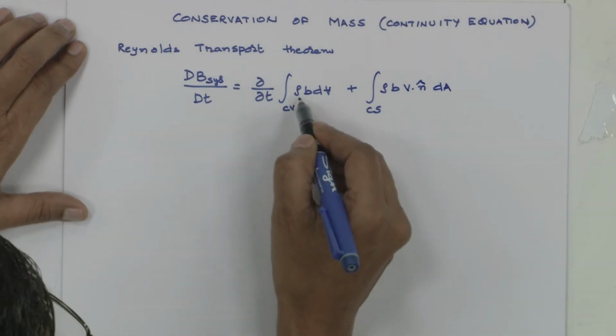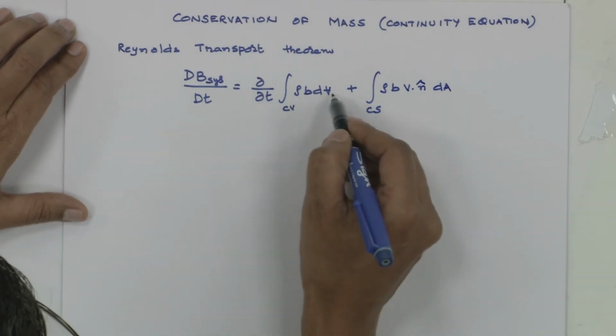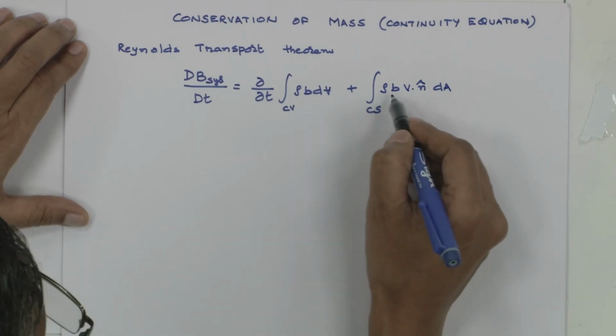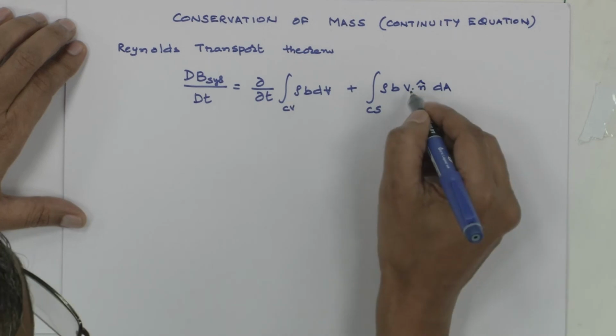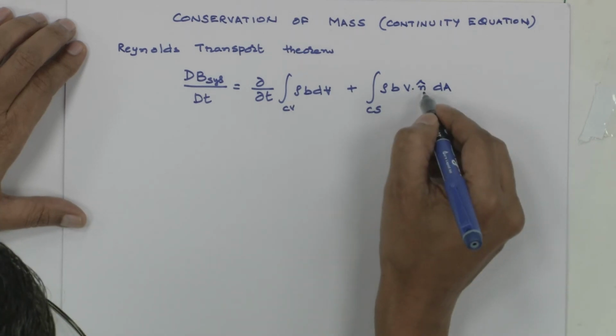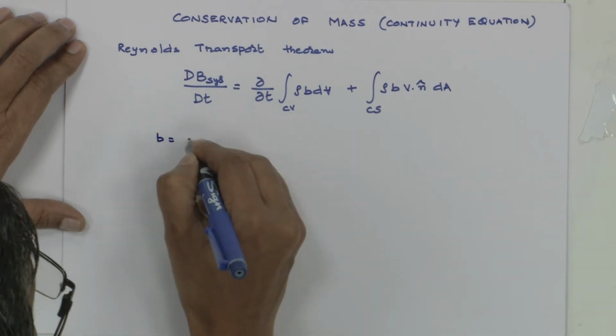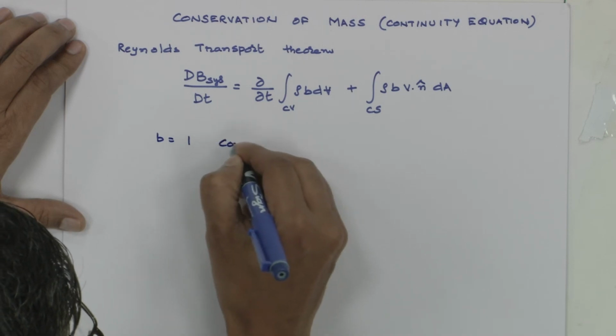Note that rho is density, dV is the elemental volume, v is the velocity vector, and n is the outward normal vector. And b is equal to 1 for conservation of mass.